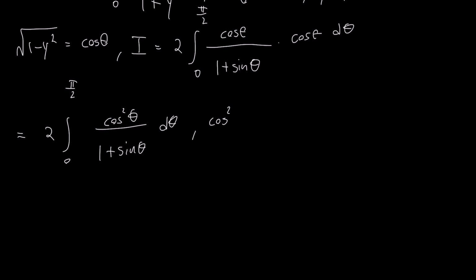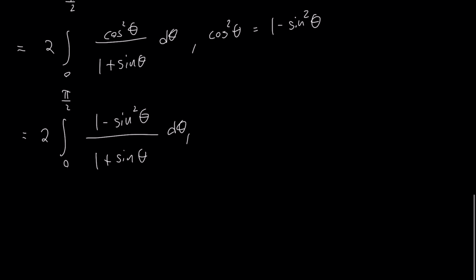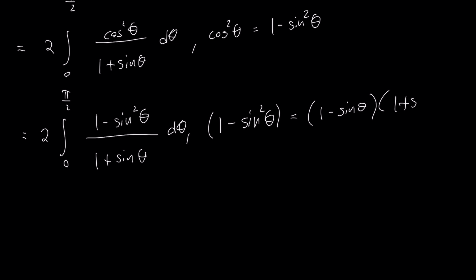And we know that the cosine squared of theta is 1 minus the sine squared theta. So this is twice the integral from 0 to pi over 2 of 1 minus the sine squared theta divided by 1 plus the sine of theta, d theta. But we know we could factor 1 minus sine squared. 1 minus sine squared is the same thing as 1 minus sine theta times 1 plus sine theta.